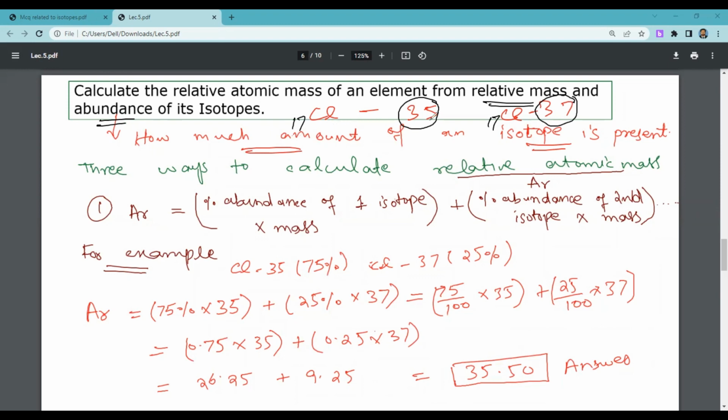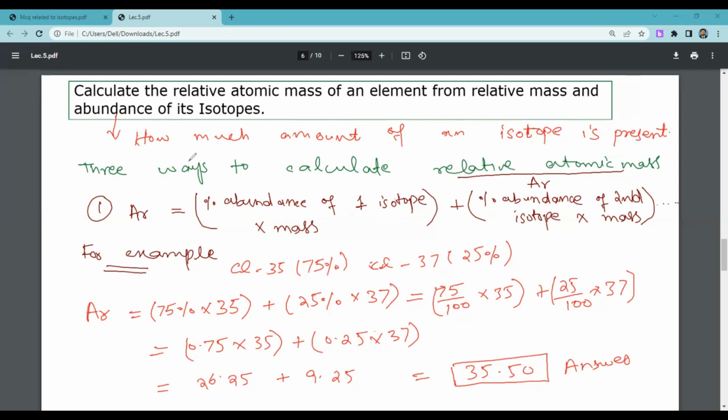Chlorine 35 is 75% present in nature, and chlorine 37 is 25% present in the atmosphere. So we can simply say that the abundance of chlorine 35 is 75%, while the abundance of chlorine 37 is 25%. This is meant by abundance.